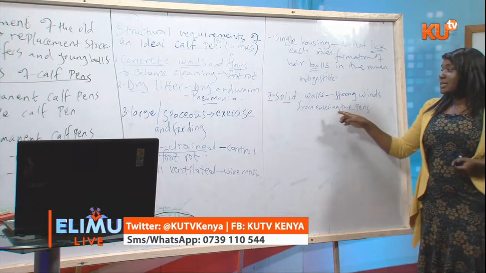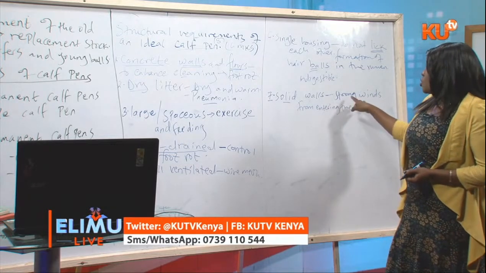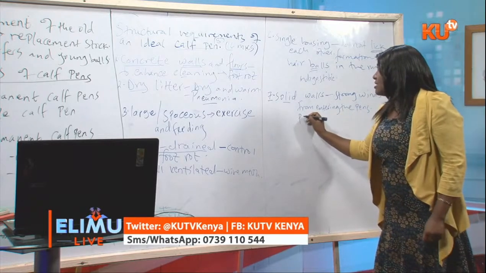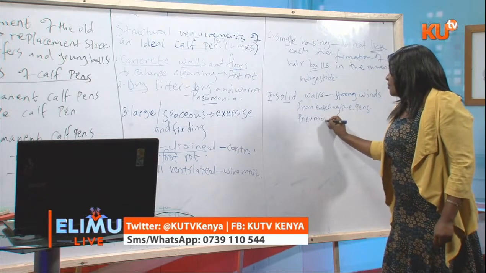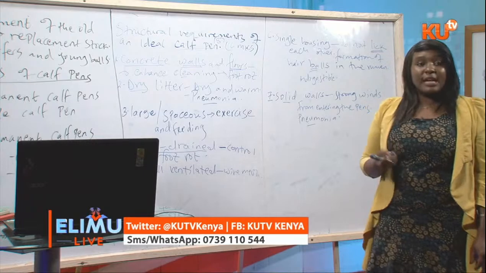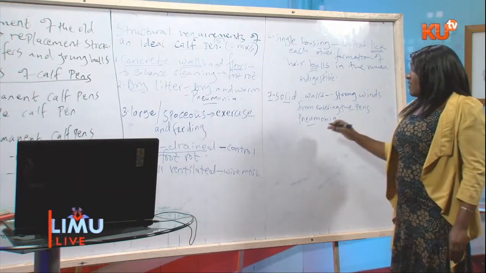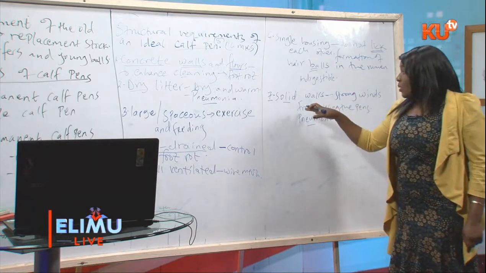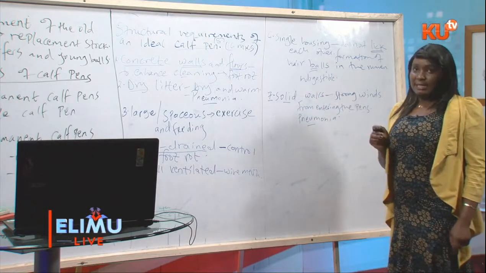This is because these strong winds can lead to a condition or a disease called pneumonia. Yeah, learners, even animals get pneumonia. So we need to prevent these animals from getting pneumonia by constructing solid walls.